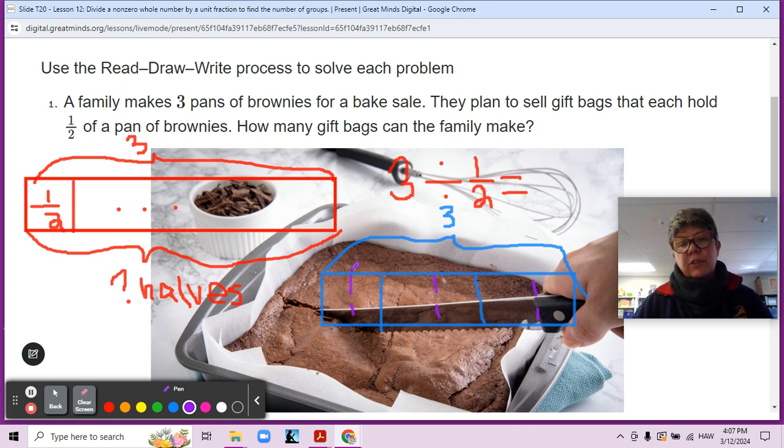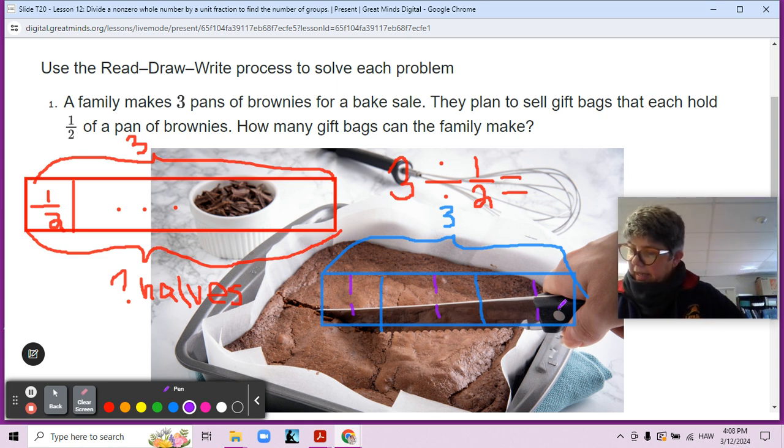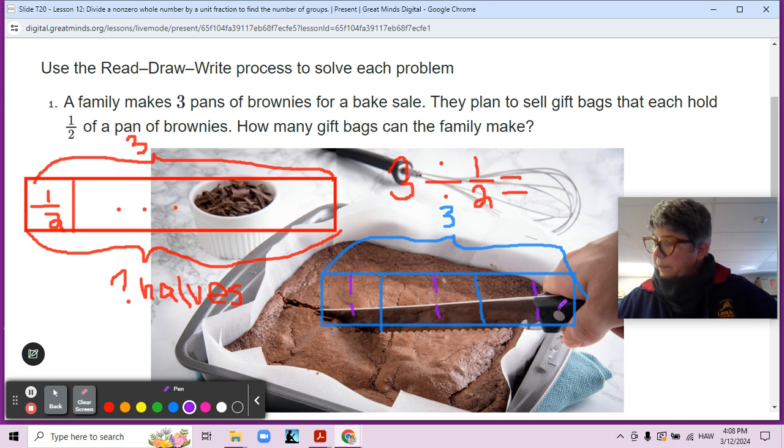How many halves are in 2? 1, 2, 3, 4. How many halves are in 3? 1, 2, 3, 4, 5, 6, right? Does 6 answer the question that the problem asked? Yes, because there are 6 halves in 3, and that's the number of gift bags that the family can make.